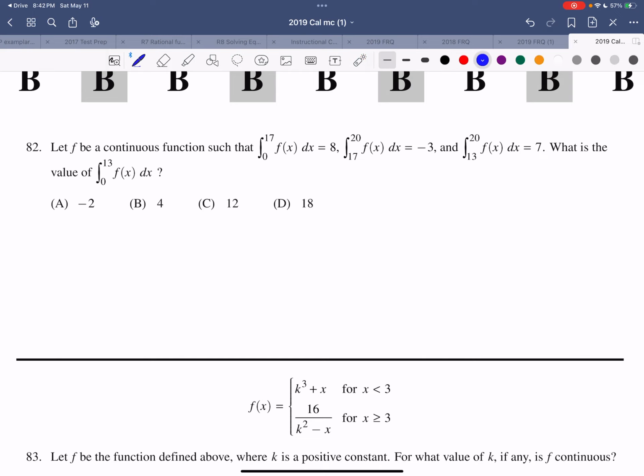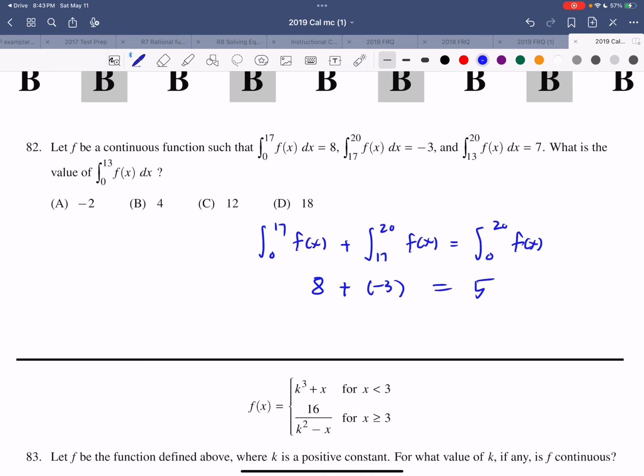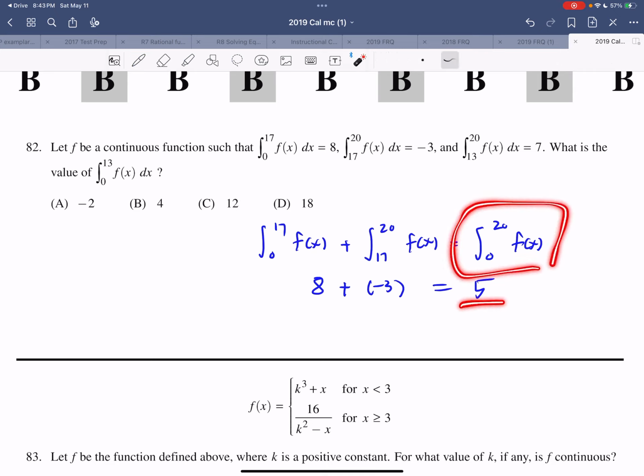Maybe I will put 0 to 17 of f of x plus 17 to 20 of f of x is equal to the same thing as 0 to 20 of f of x, right? Which will become 8 plus negative 3. We don't know what that is, but 8 minus 3 is going to become 5. So now we know 0 to 20 is equal to 5.